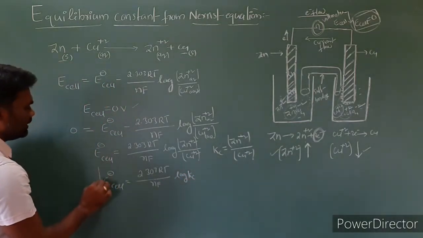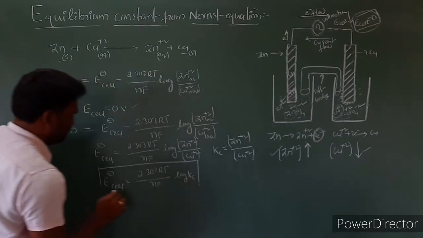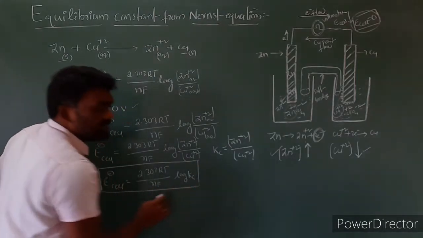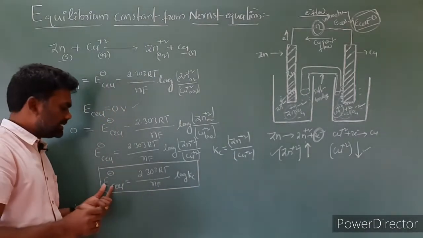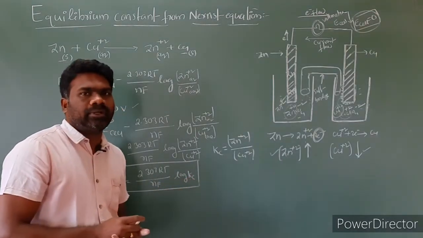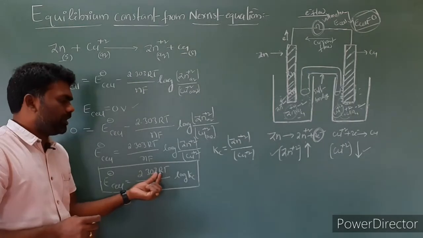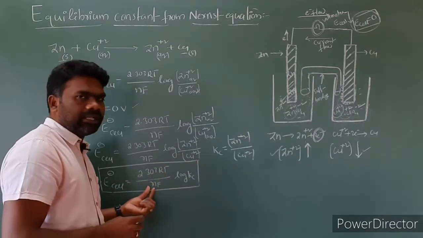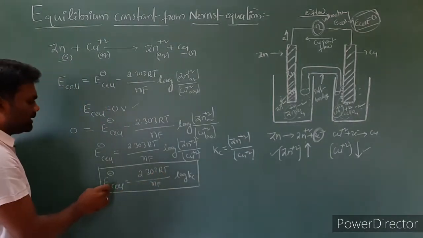This is the relationship between the standard potential of the cell, E standard cell, and the equilibrium constant. If we substitute the values of R, T, F and n, we get the theoretical E cell as well as Kc.